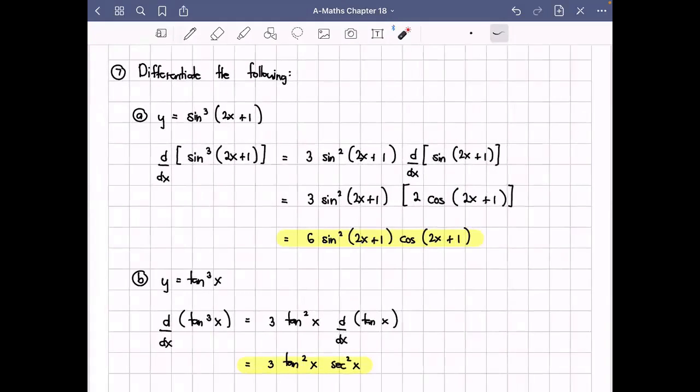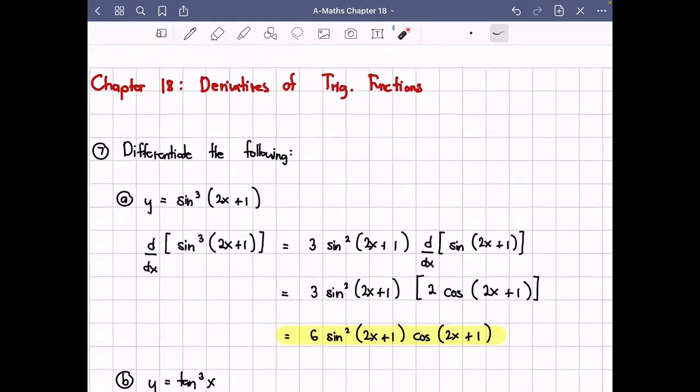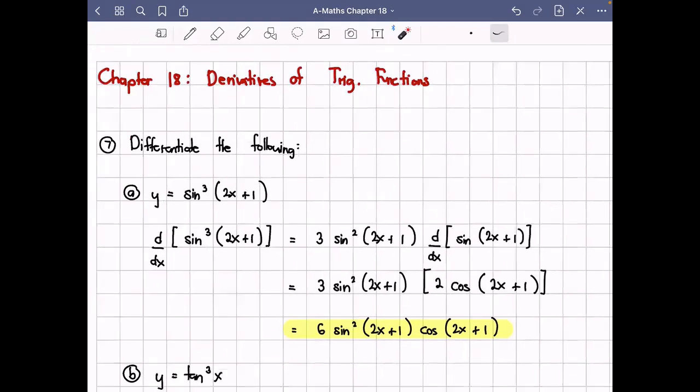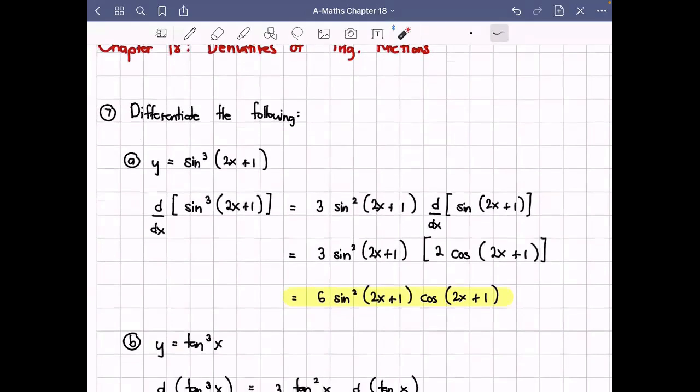Right, so this one. Okay, so this is example number 7. You guys can see my screen, right? Okay.